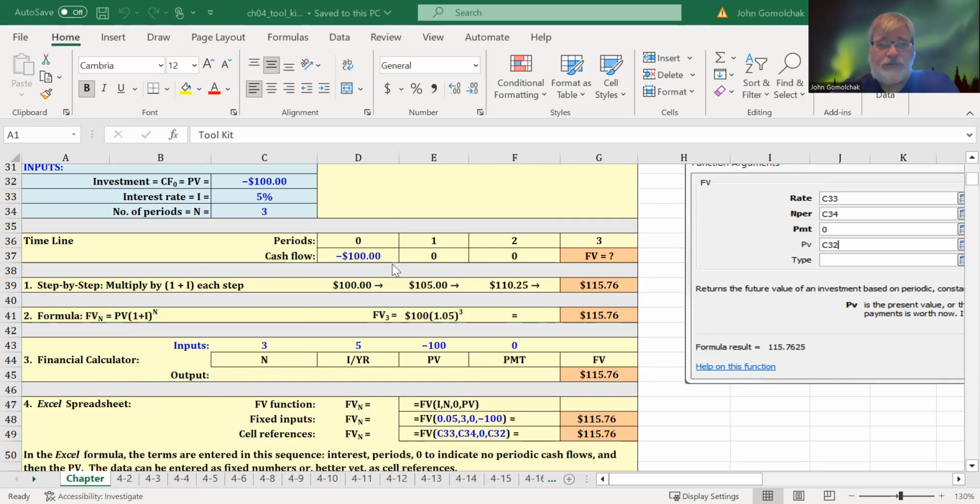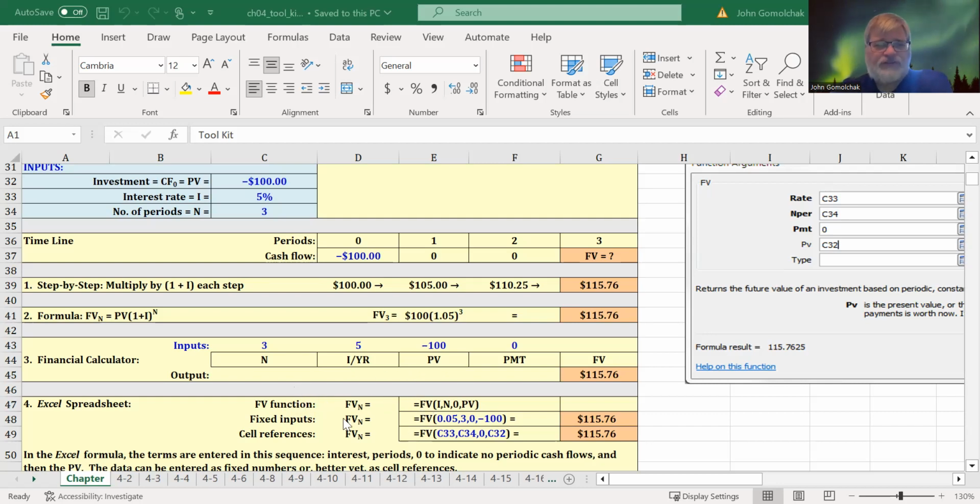Okay, so we've talked about 3 methods: the step-by-step method, the overall formula method, and the financial calculator method, and this over here is just telling you what button to push on your financial calculator. Now we've got the Excel spreadsheet. So we have different things.